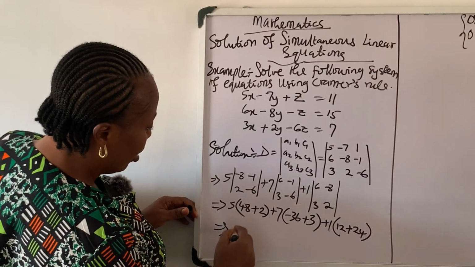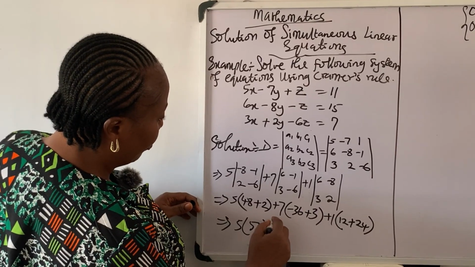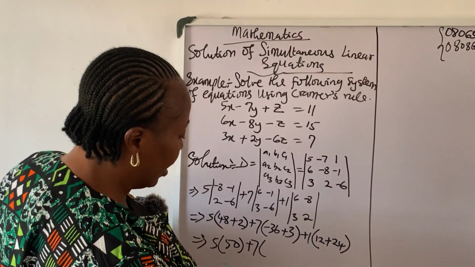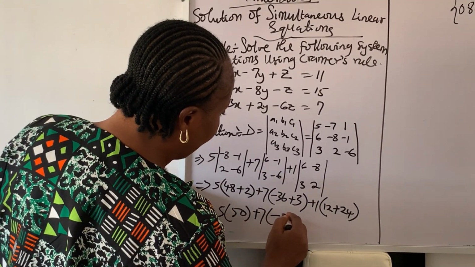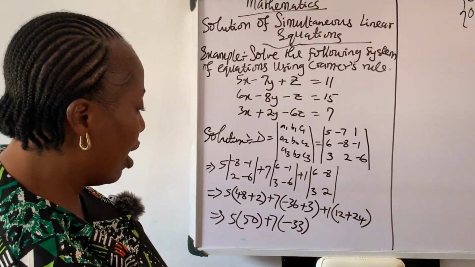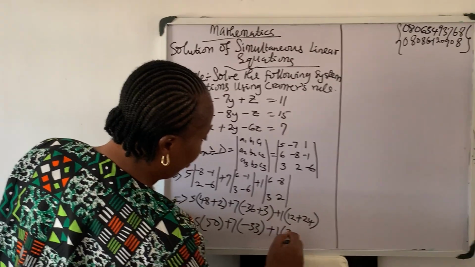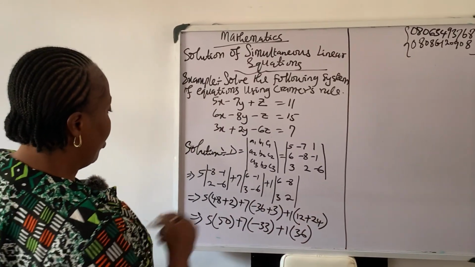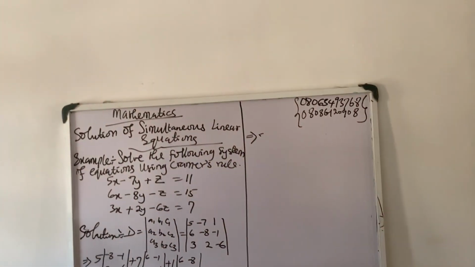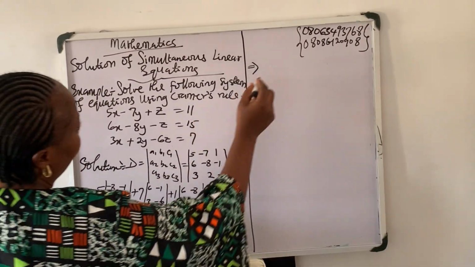We'll go again. 48 plus 2 is 50. Minus 36 plus 3 is minus 33, because the minus sign is in front of the bigger number. Therefore, the answer will be negative. Now, 12 plus 24 is 36. So we continue again. 5 times 50 will be 250.